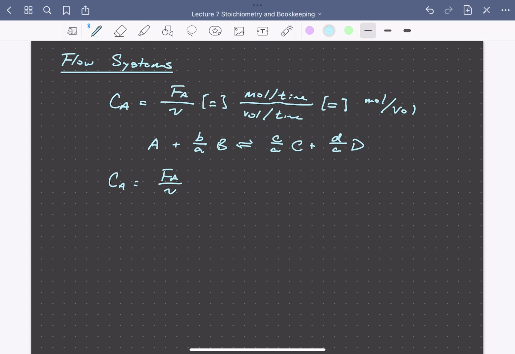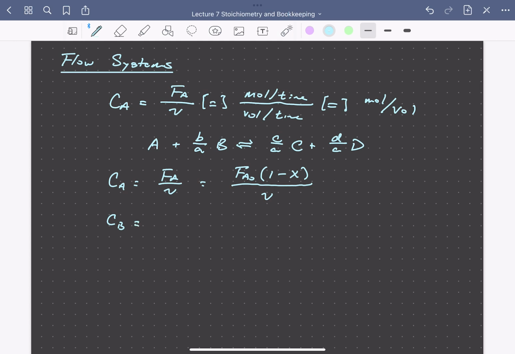And so the expressions here will be identical to what they were for the batch system, with molar flow rates taking the place of total number of moles, and the volumetric flow rate through the reactor taking the place of the reactor volume. So here for A, this is simply going to be the inlet molar flow rate times 1 minus the conversion divided by the volumetric flow rate.